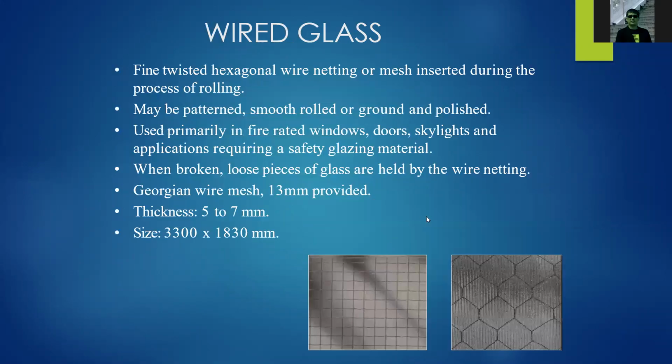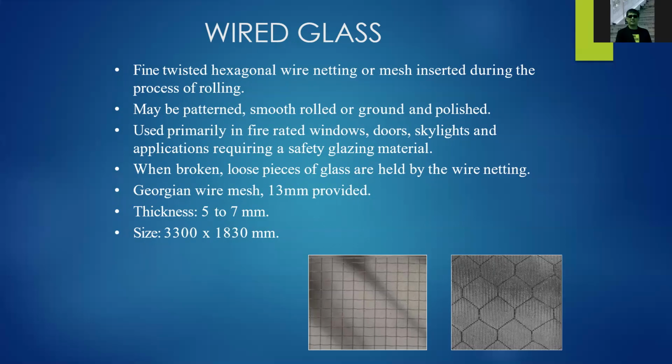Fine twisted hexagonal wire netting or wire mesh inserted during the process of rolling the glass. It may be patterned, smooth, rolled, or ground, or polished. Used primarily in fire-rated windows, doors, skylights, and applications requiring a safety glazing material. So when broken, loose pieces of the glass are held by the wire netting.